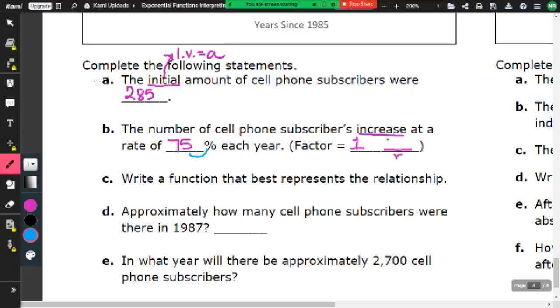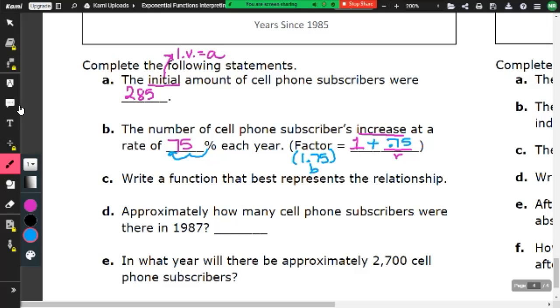Go back to 1, 2. So it's 0.75. Now, because we're increasing, do I put a plus or a minus? Plus. And 1.75 gives us what as the factor? 1.75. That's the number that goes in the parentheses. That's my value of B, in case you forget.